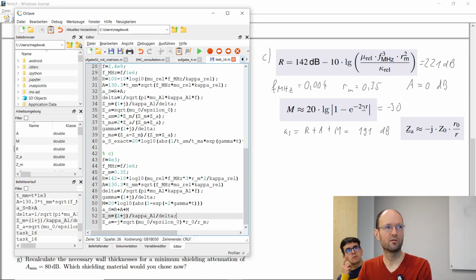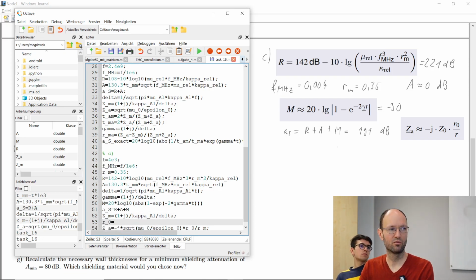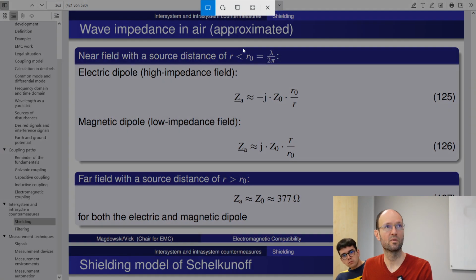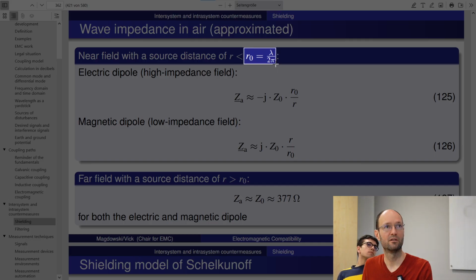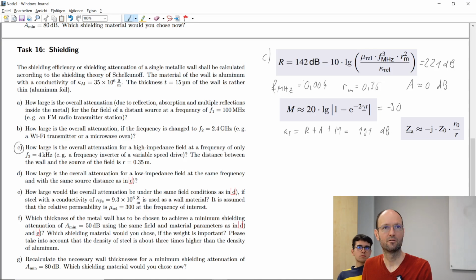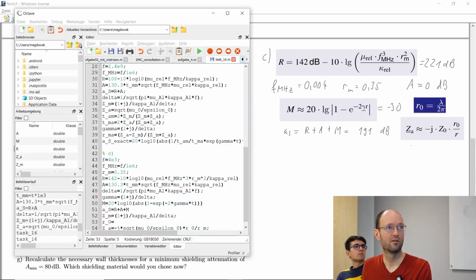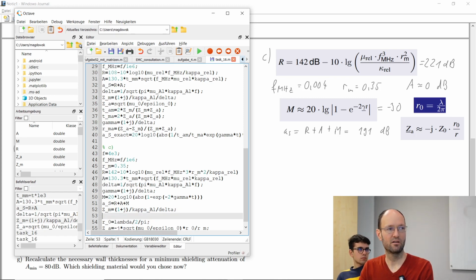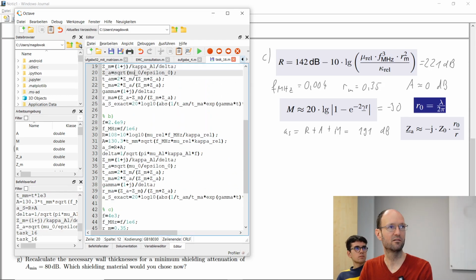So we need to calculate R0, this transition distance. This is also given on the slides. This is this here, lambda divided by 2 pi. And how do we get lambda? Lambda is c divided by f. So the frequency we have, but we don't have c yet.